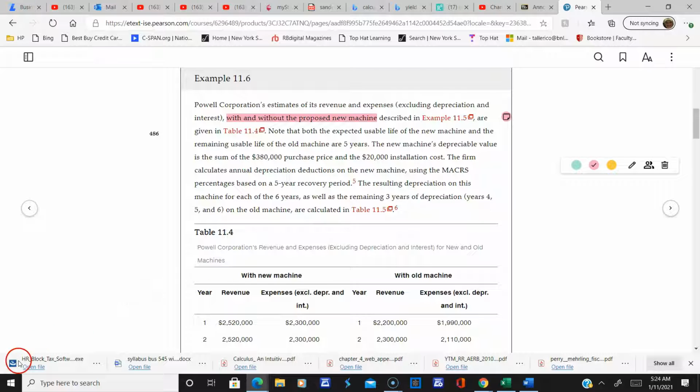It's a recovery system for depreciation, and we're going to do it on a 5-year system. The resultant depreciation for each of the 6 years, as well as the remaining 3 years of depreciation on the old machine, is in the table.